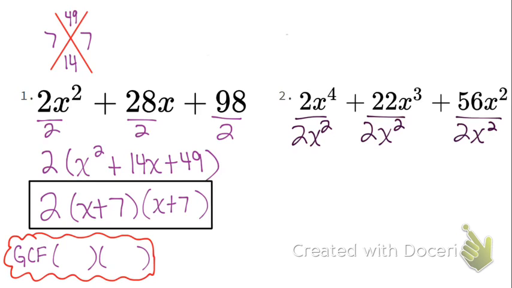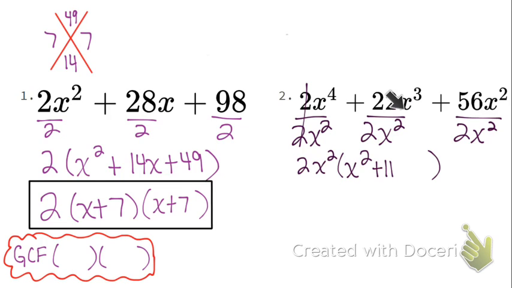When we factor out a GCF, our GCF goes outside our parentheses and we put our leftovers on the inside. Again, here the 2's are going to reduce or cancel out. X to the 4th divided by x squared. When we divide the same base, we subtract our exponents. So we get x squared. 22 divided by 2 is 11.